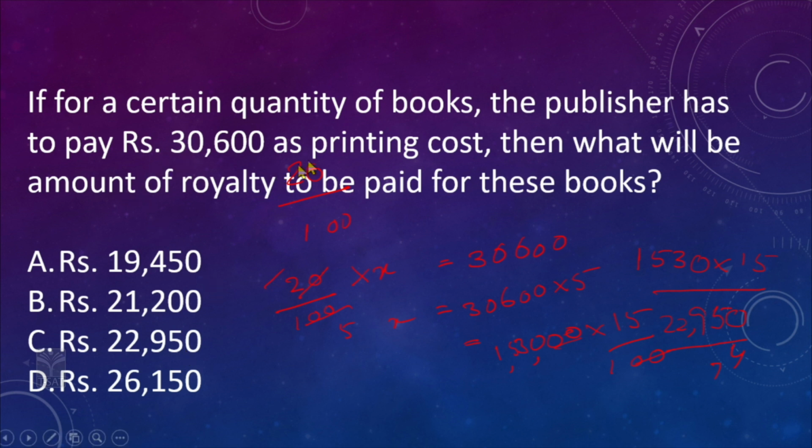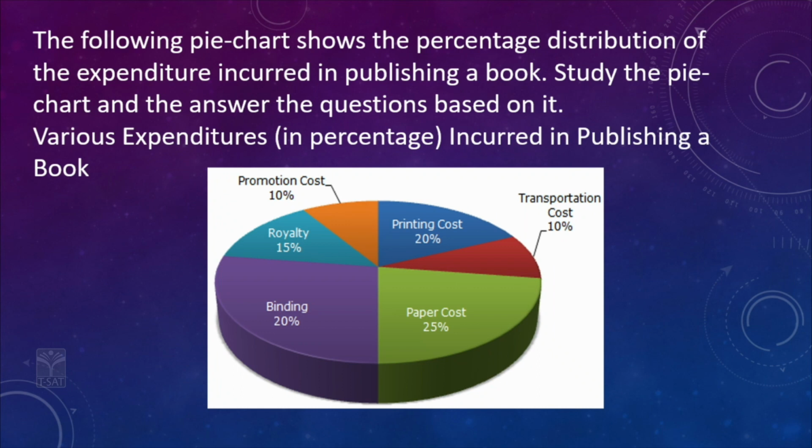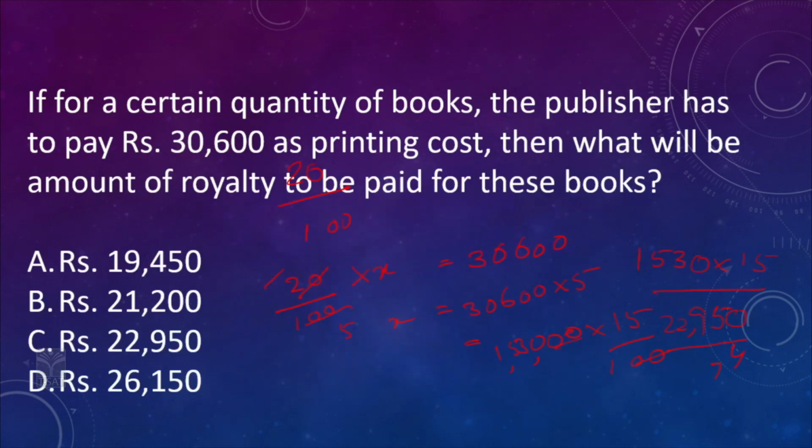If for a certain quantity of books the publisher has to pay 30,600 as a printing cost, then what will be the amount of royalty to be paid for these books? This is the question, correct? So this 30,600 is the printing cost, 20% of the whole thing. So what is 15%?